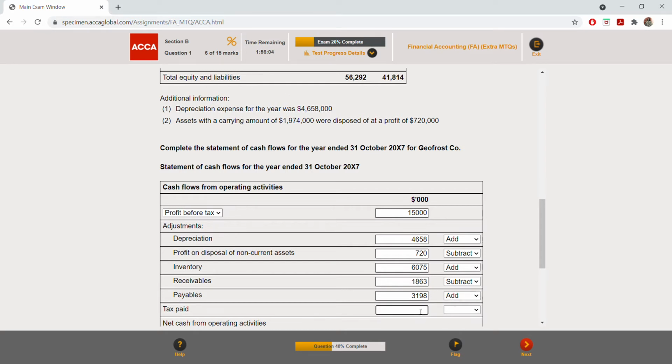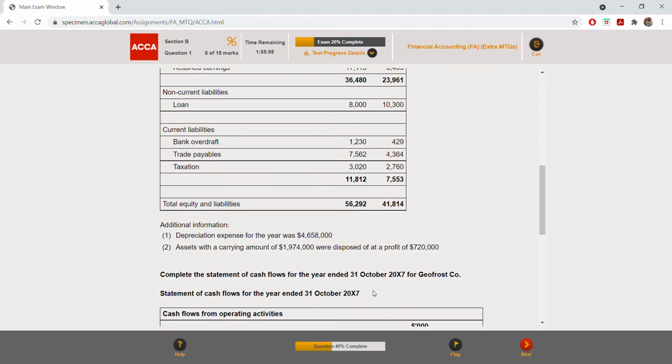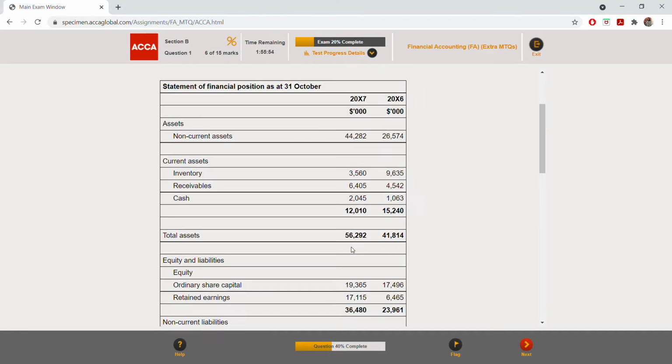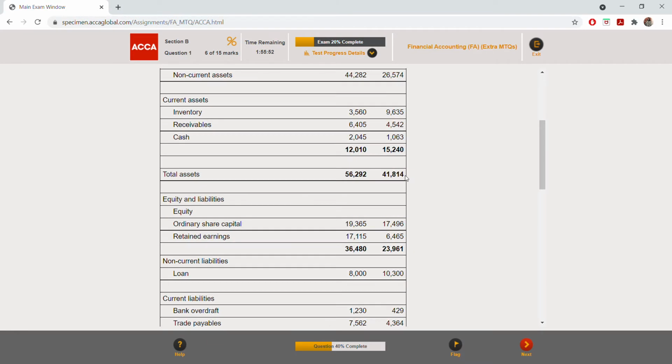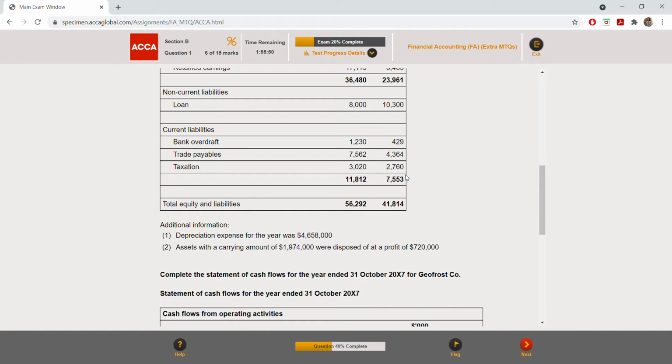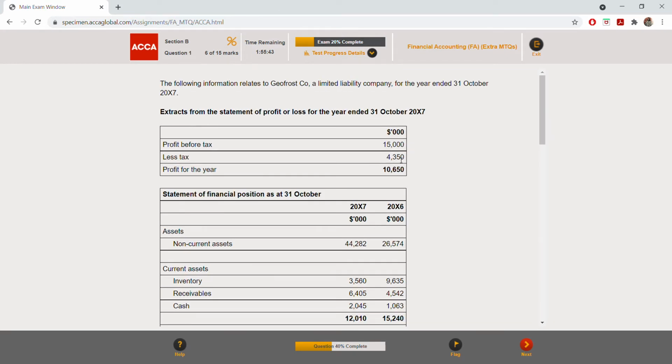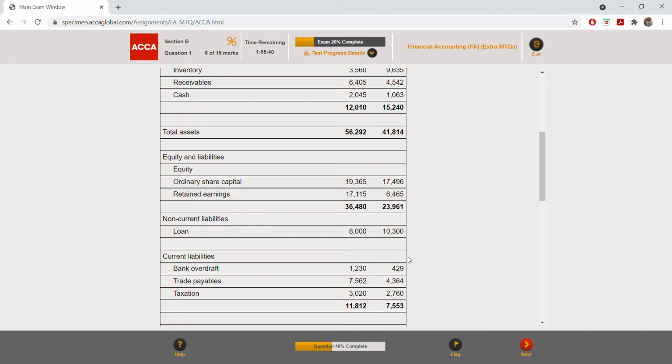Now the tax paid. What is the tax paid? For tax paid you need to do a working. Why? Because you have taxation here and then we have this tax. What was the tax you paid initially? Opening tax balance 2760.